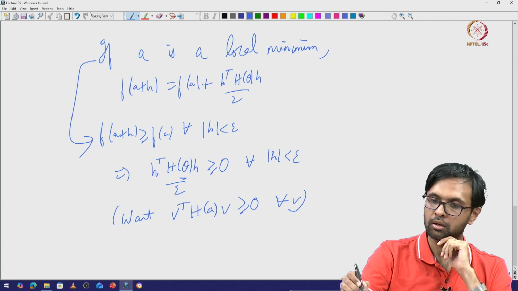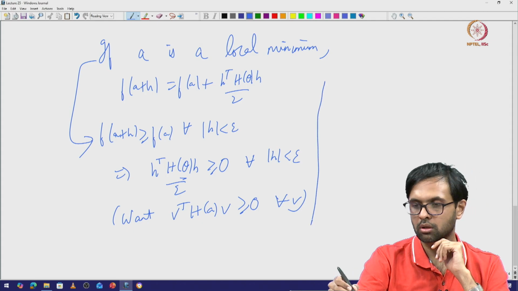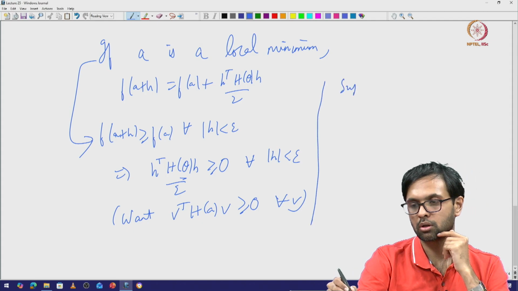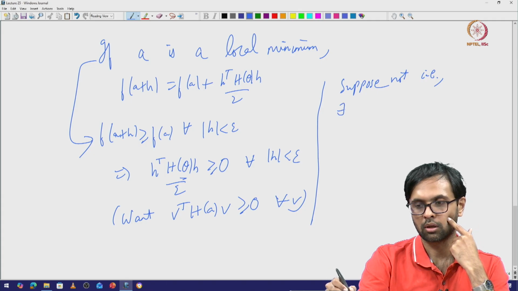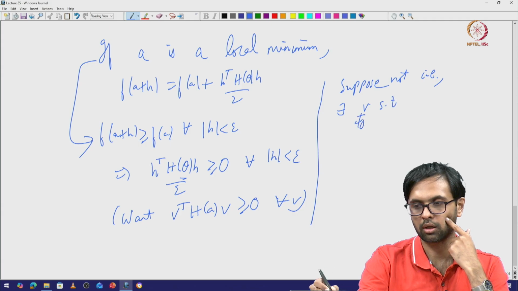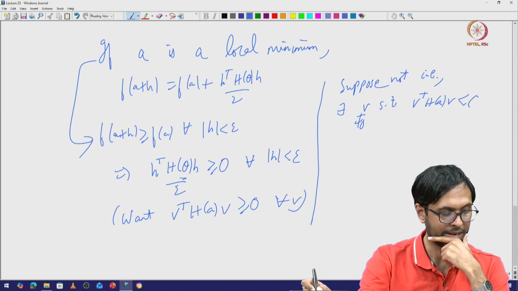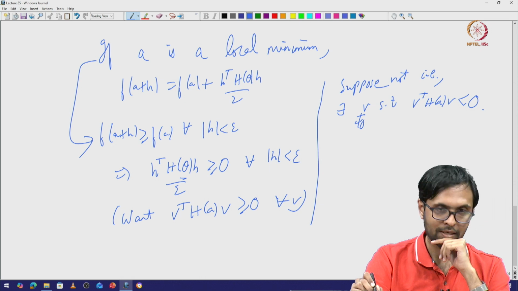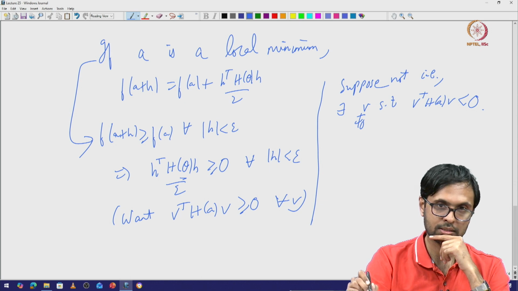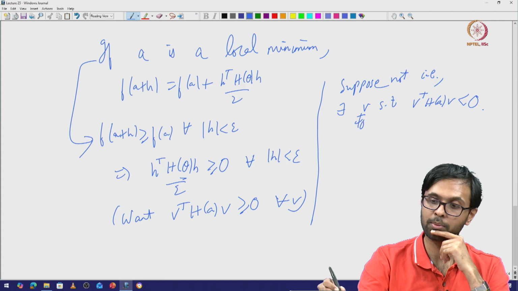Okay. So the way you prove this is by contradiction. Suppose not. That is, h of A is not positive definite. That is, there exists a vector v not 0 such that v transpose h of A v is negative, right? Okay, so how is this going to cause a problem?